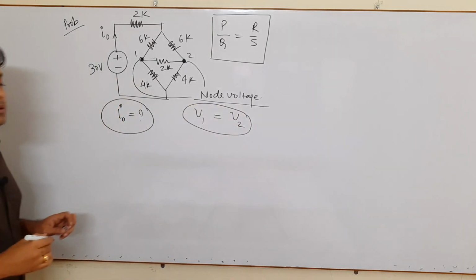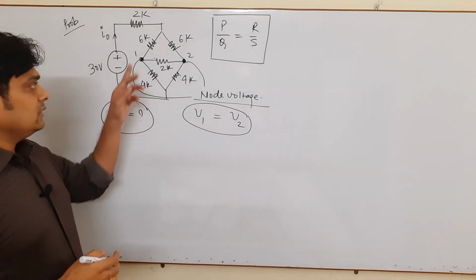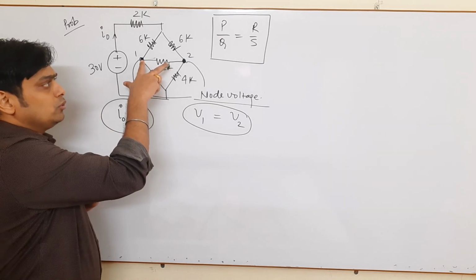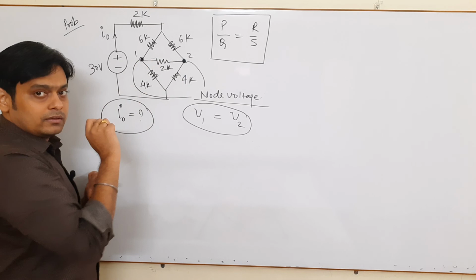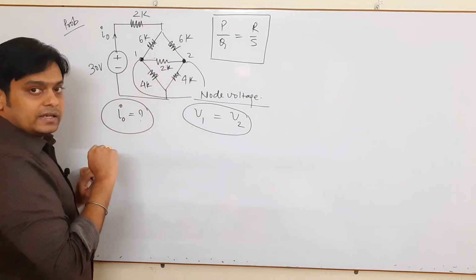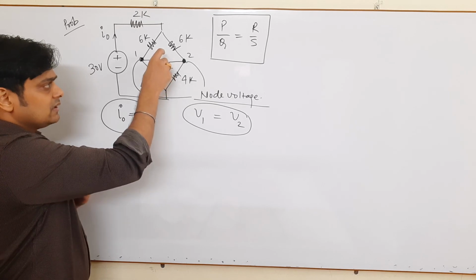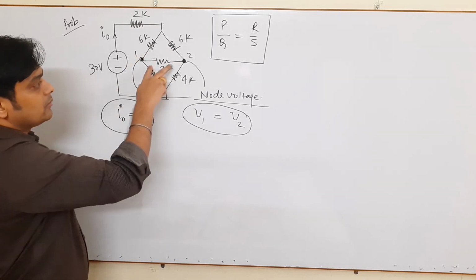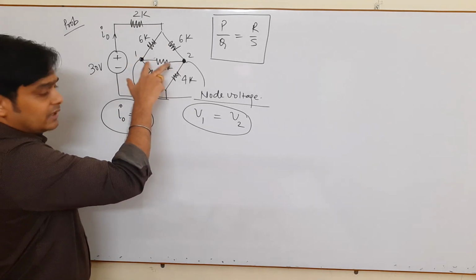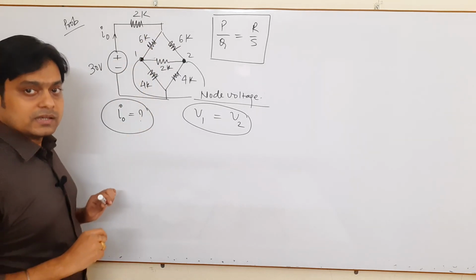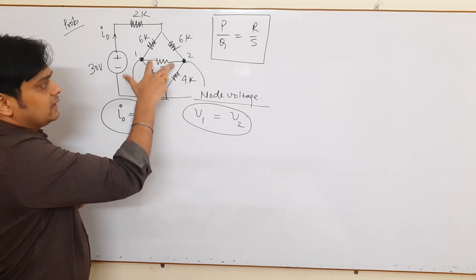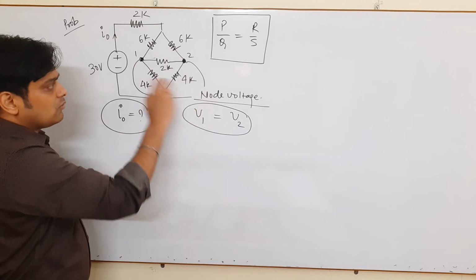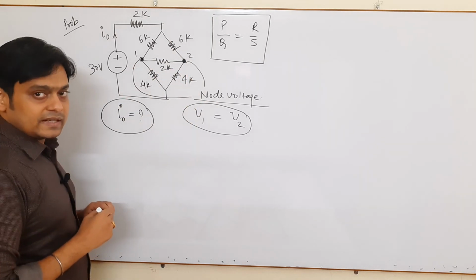So when the bridge is balanced, V1 and V2 are equal, and when the two node potentials are equal, no current will enter here. Please keep in mind, no current will enter here. So this resistance does not exist between these two nodes, because the potential is equal at both nodes, as I said earlier.